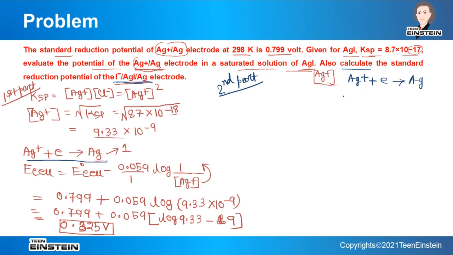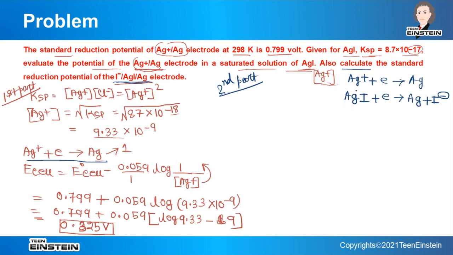Another equation is AgI accepting an electron. This is actually the reaction at the cathode. AgI means Ag+ and I-. Ag+ will accept an electron and be converted to metallic silver plus I-.